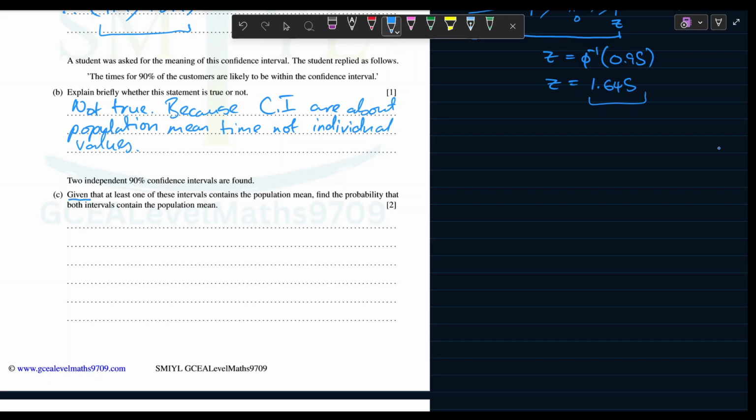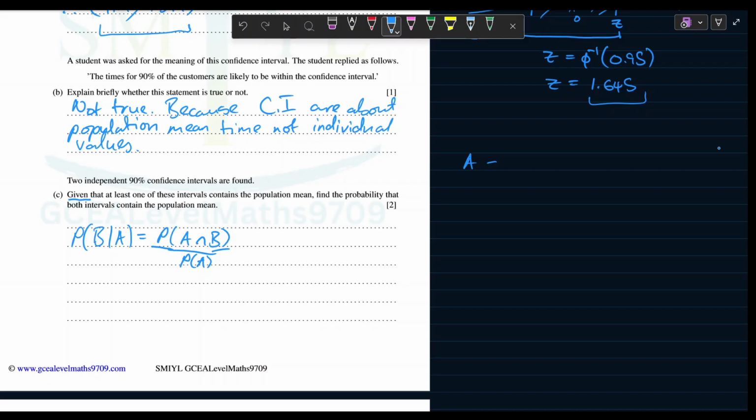Because of this word given. So the formula for conditional probability is the probability of B given A is equal to the probability of the intersection of A and B divided by the probability of A. So we need to define what A is, what B is, so that we can figure out what our probability is.